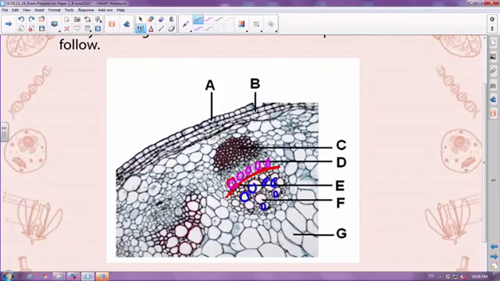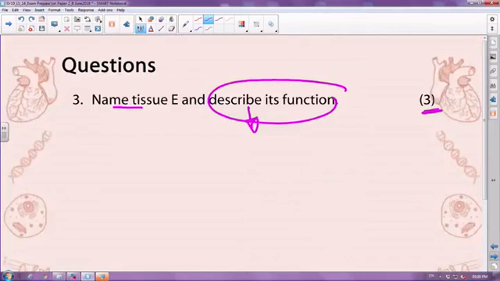So this red line is a tissue in between the xylem and the phloem. Now, what do we find in between the xylem and the phloem? We are going to find cambium, and that is the name of the tissue.